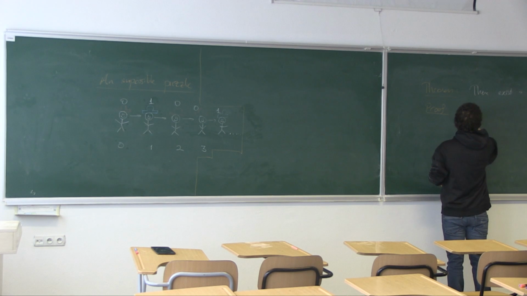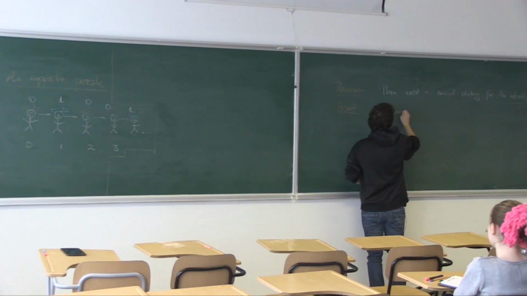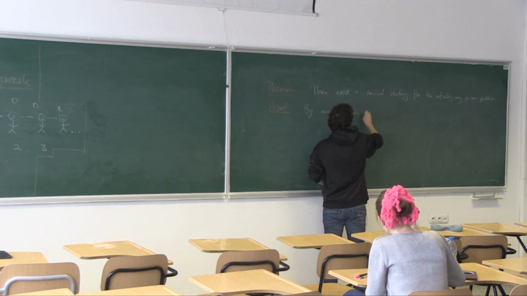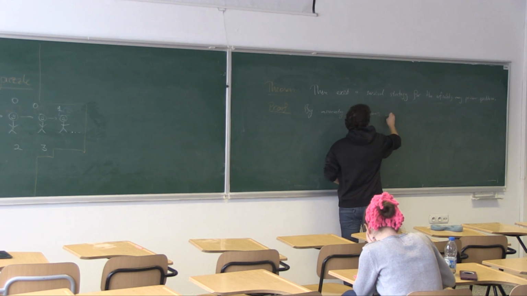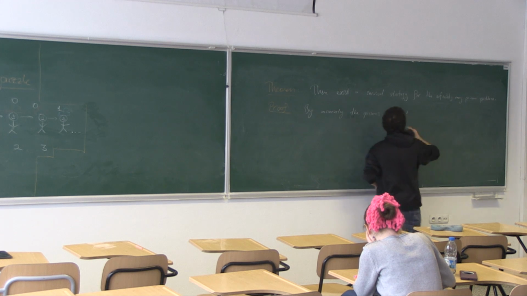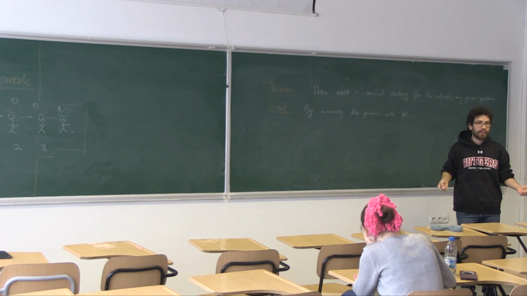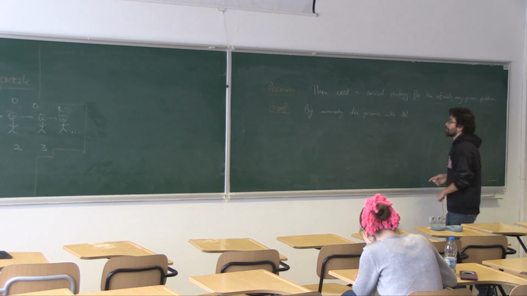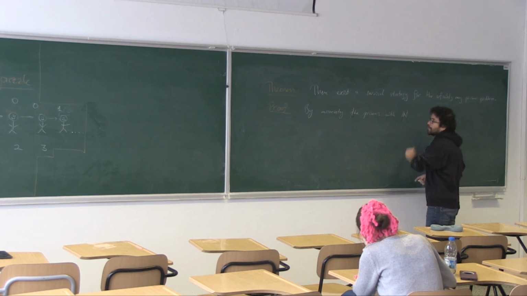By associating prisoners with natural numbers, again, we don't know what natural numbers are at the moment. Pretend that we know it. We're going to see this in a couple weeks.